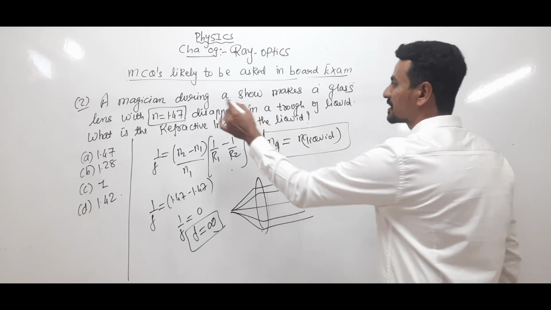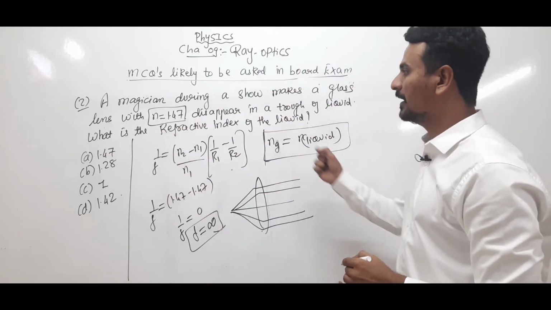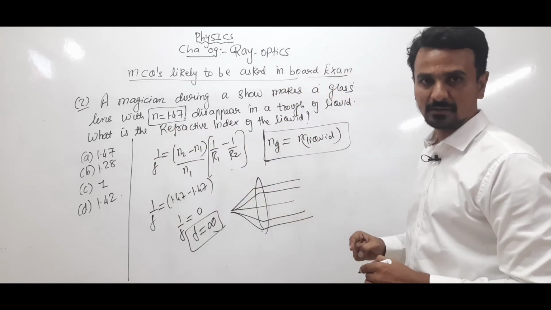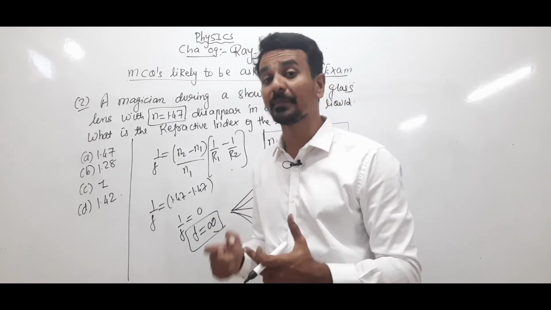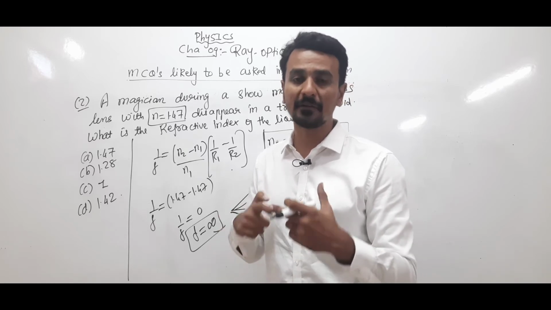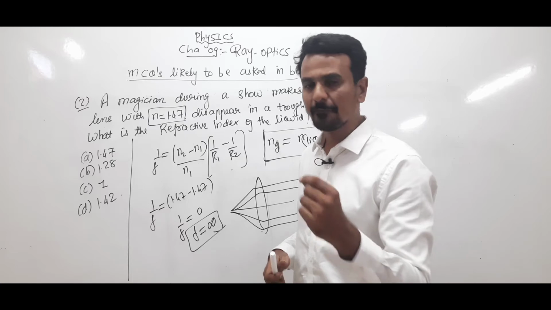So, the magician is making a glass lens disappear. This happens only when the refractive index of lens is equal to refractive index of the liquid. So, after the refraction, rays won't meet at a particular point, so we will not be able to see the image of any object. So, we will find that the lens has disappeared. Clear?